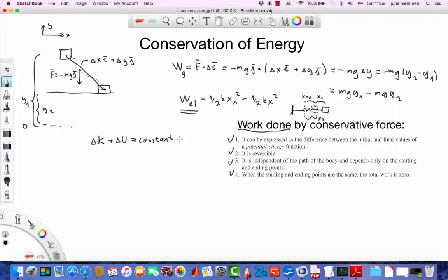But of course there are forces that are not conservative. For example, forces that cannot be described by potential functions, or they are not reversible. The best example is, of course, a friction force. So let's say we have a box sliding on the floor, and it has some initial velocity.